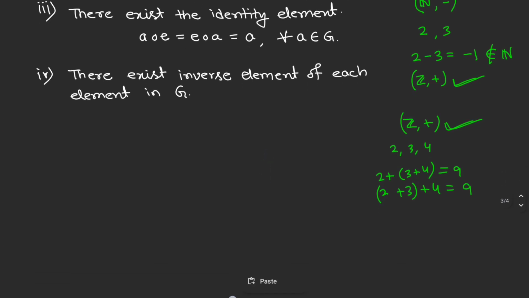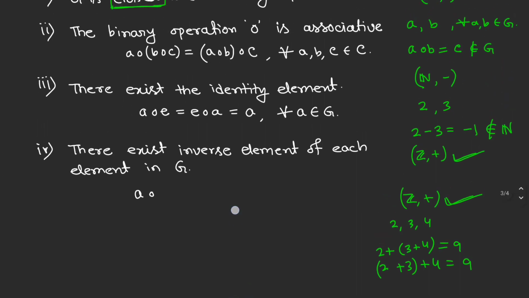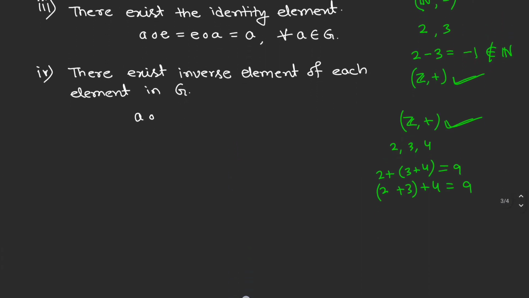Suppose you have to find an element, let's say A dash, such that if you apply the operation A composition A dash, you will get the identity element. So A composition A dash or A dash composition A, in both cases you will get the identity element.